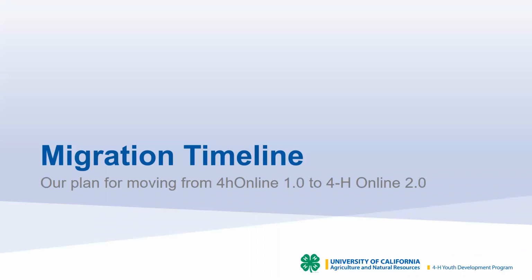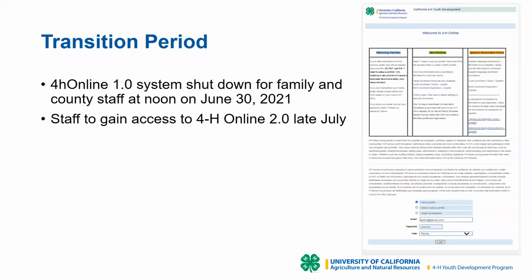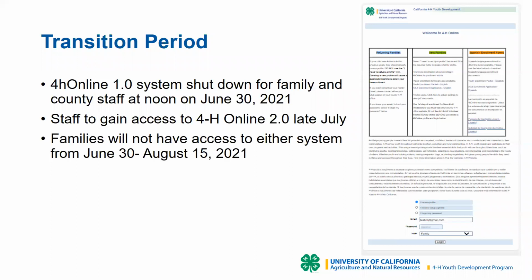Our plan for moving from 4-H Online 1.0 to 4-H Online 2.0. Working within the period given by our vendor RegMax, the 4-H Online 1.0 system will shut down family and county logins at noon on June 30, with plans for staff to gain access to 4-H Online 2.0 in late July. Families will not have access to either system from June 30 to August 15th.